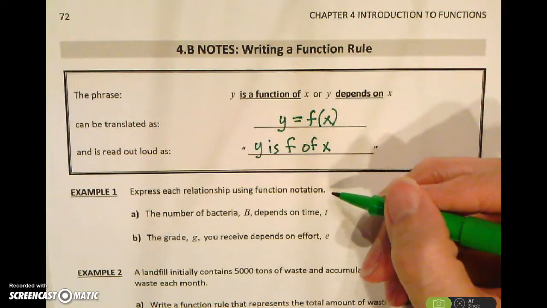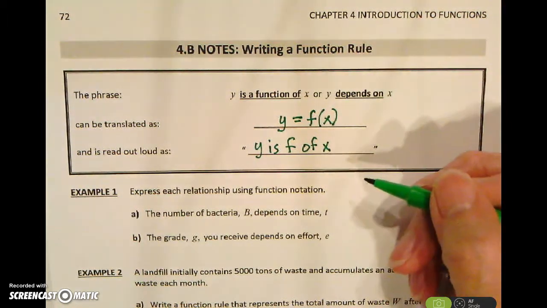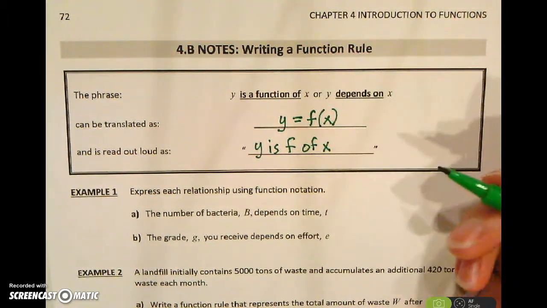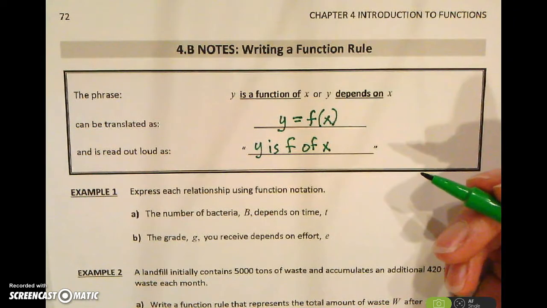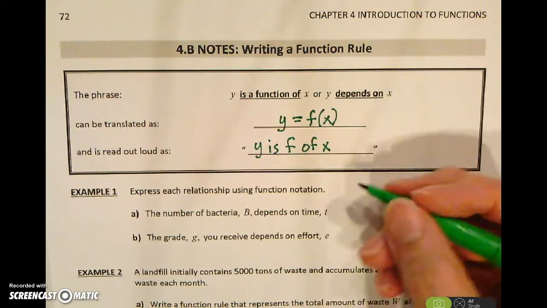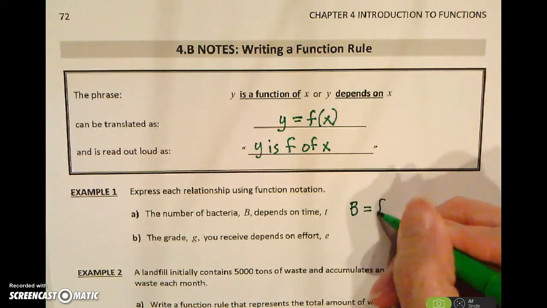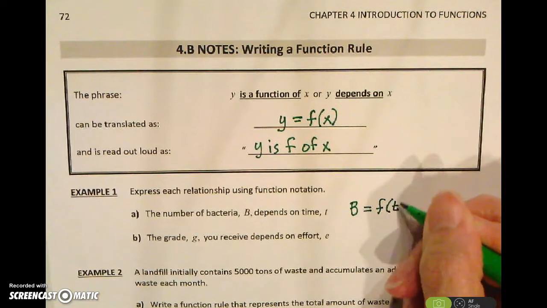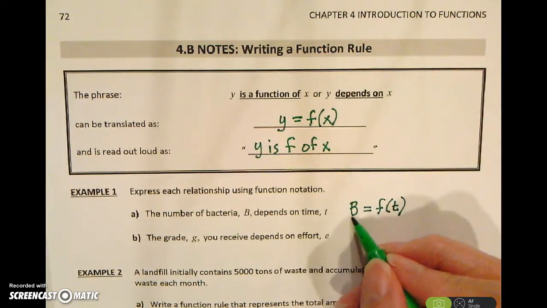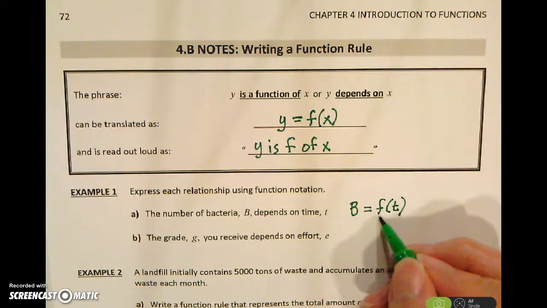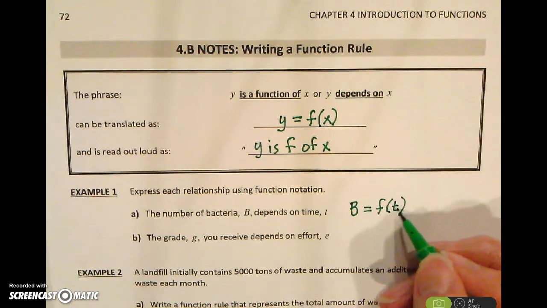Example 1, express each relationship using function notation. So the number of bacteria B depends on time. So we're going to say that B is equal to f of t. So the number of bacteria that exist is a function of how long has passed since they started multiplying.